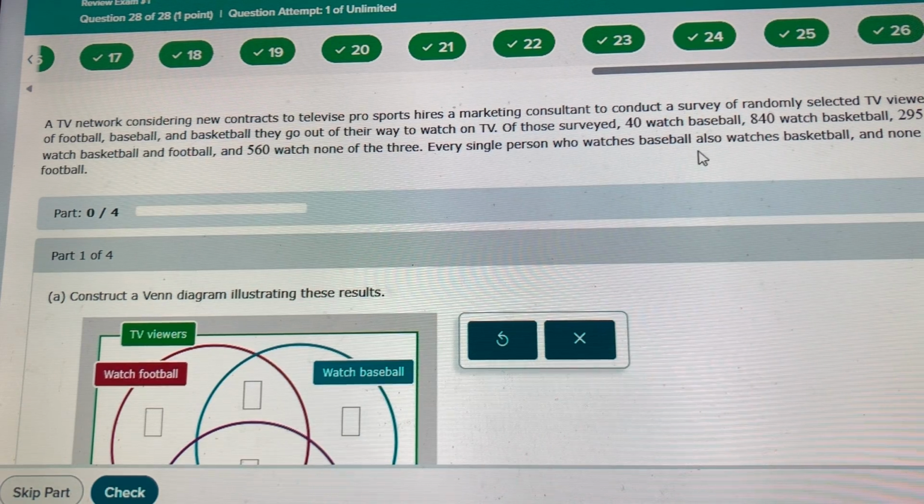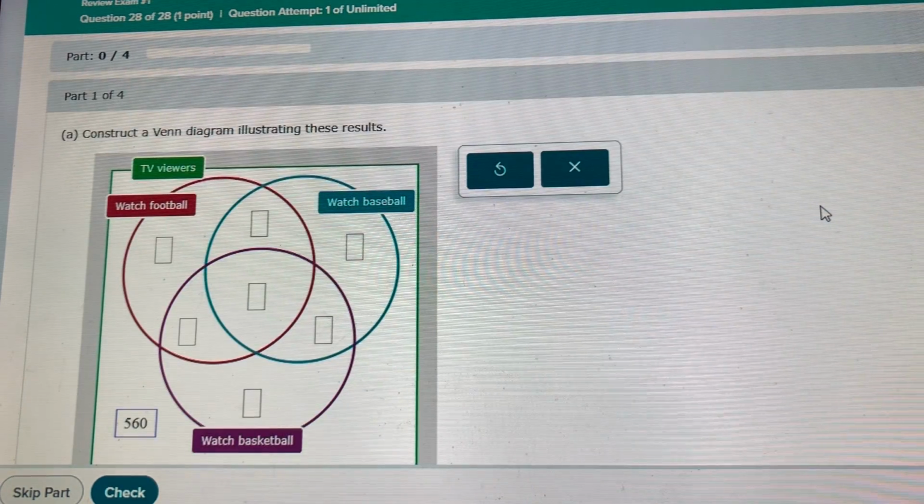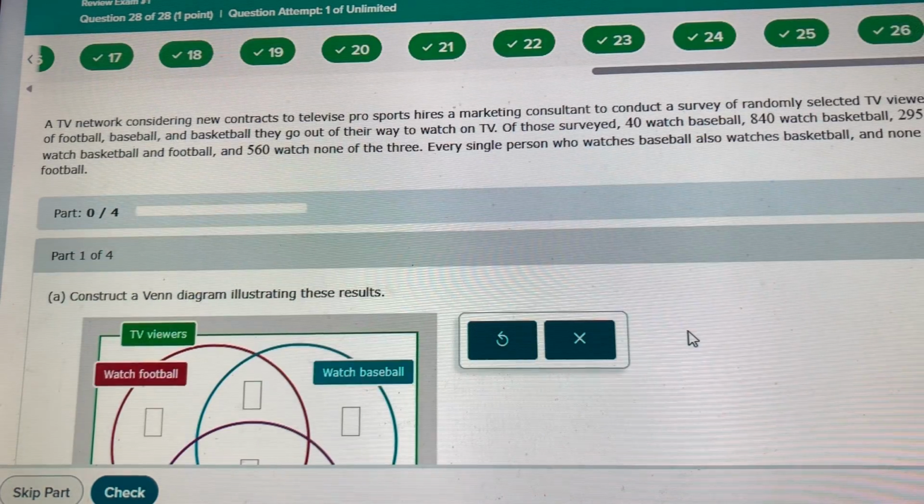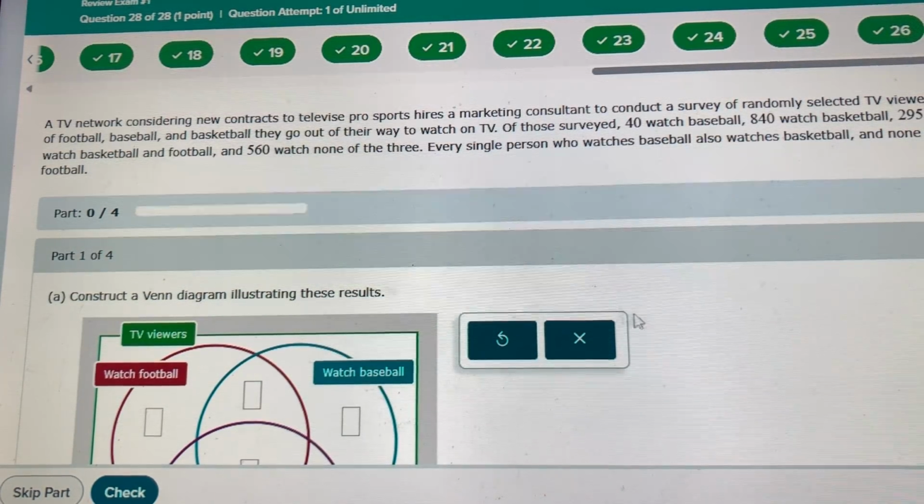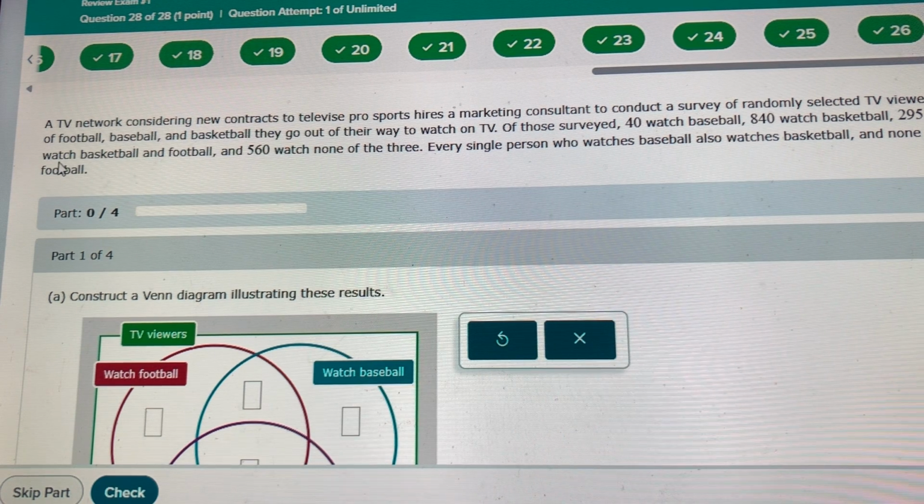Every person who watches baseball also watches basketball. So something about that's going to help us figure this one out. So if we knew the baseball and basketball, that would help because then we wouldn't add any more to the middle. But, okay. 95 watch basketball and football, and every single person who watches baseball also watches basketball.